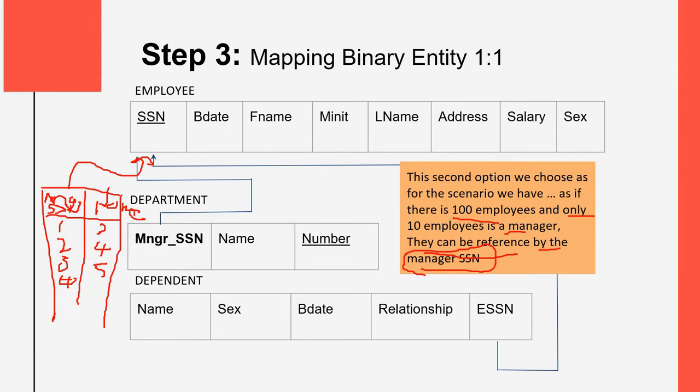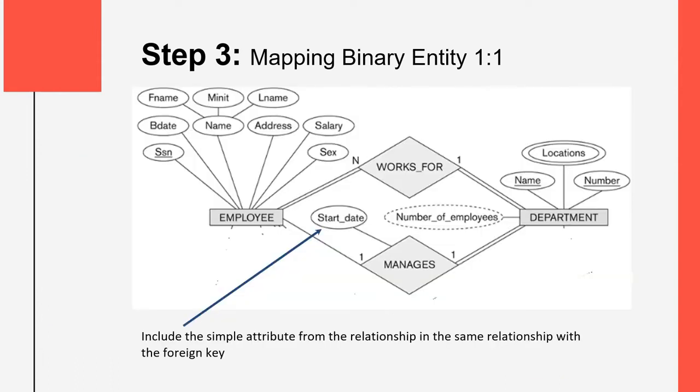So hopefully you understand why we choose to have the foreign key at the department: because there is total participation between the department and the employee. So if you have total participation from one entity to the other entity, put the foreign key at the total participation side.